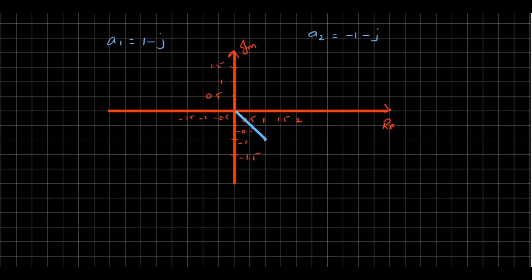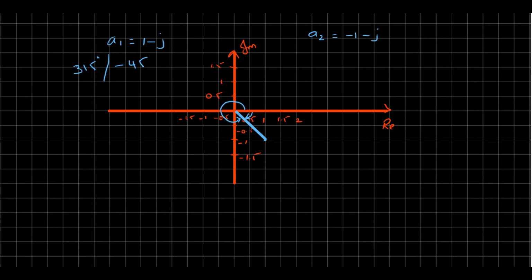Now the angle you can evaluate in two ways: one in the clockwise direction, and the second in the anti-clockwise direction. In the clockwise direction the angle is 315 degrees, or you can represent the same thing in the anti-clockwise direction, which is minus 45. That is the phase of the first one.